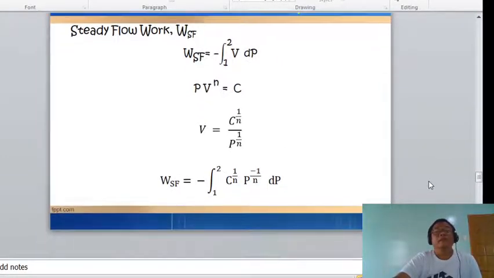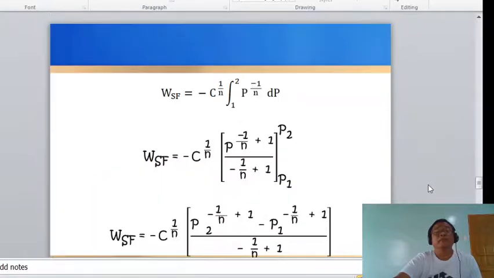Substituting the values, work steady flow equals C raised to 1 over n. We put this outside the integral sign, and then integrating P raised to negative 1 over n plus 1 over negative 1 over n plus 1, with limits from pressure 1 to pressure 2.